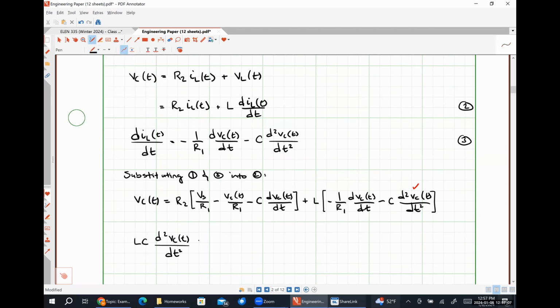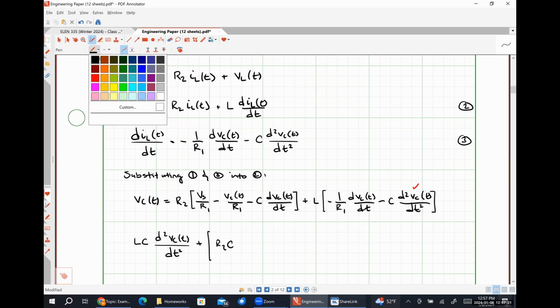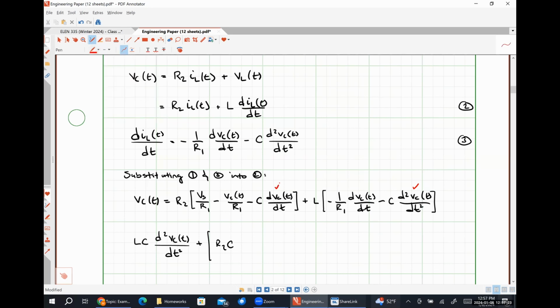Now we're going to deal with the stuff that is the first derivative term. So I have an R2 times C. So that's this term right here. And then I'm also going to have an L over R1.